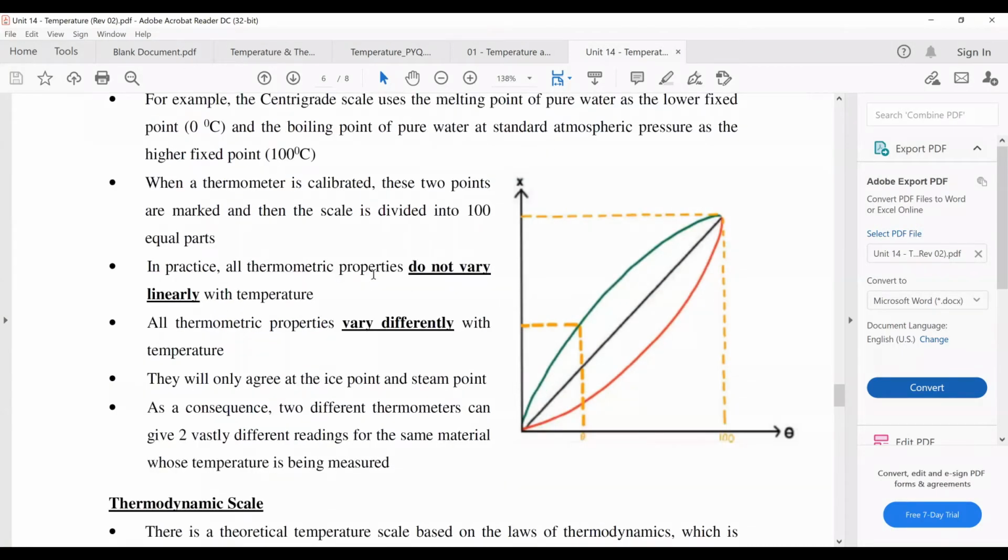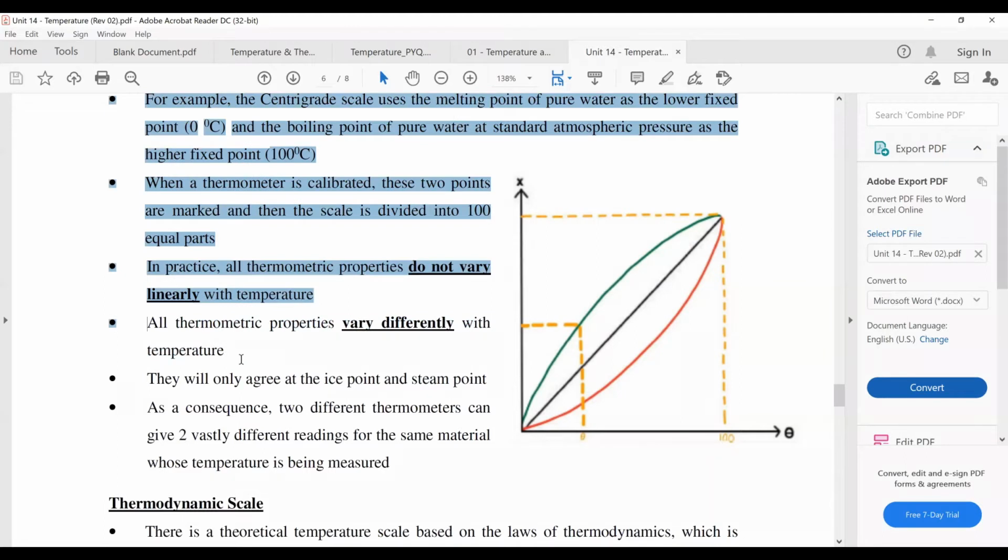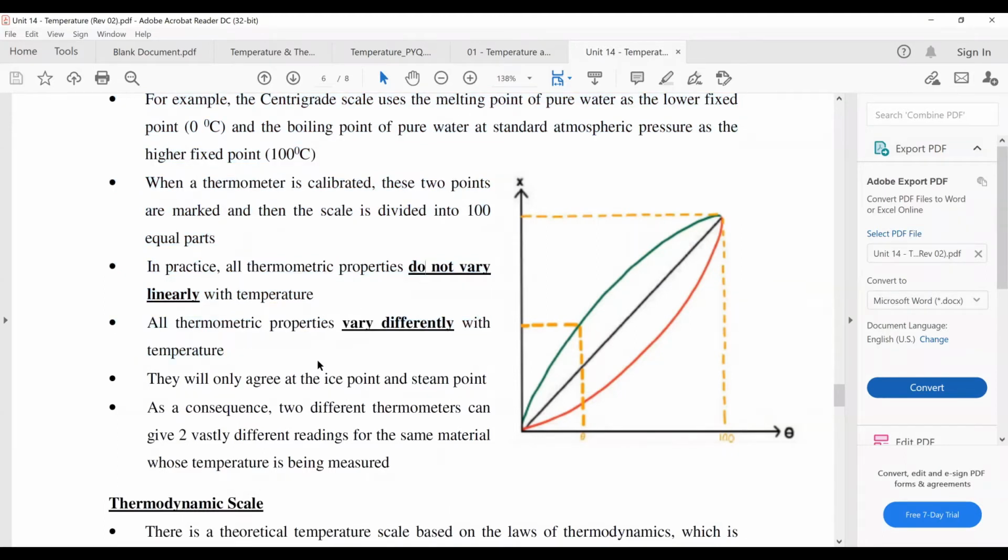Because in practice, thermometric properties actually do not vary linearly with temperature. They actually vary differently with temperature. Length could vary differently, resistance could vary differently. You already know that for, say, resistance of a thermistor with temperature, it doesn't vary linearly like this, right?